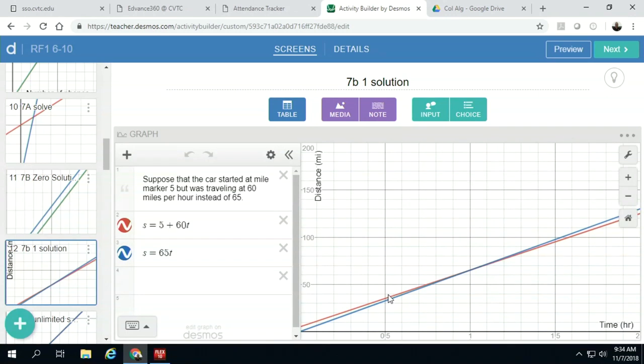Now, the nice thing is, if you're doing it in Desmos, if you click on it, it will automatically give you the coordinates of the solution. If you're doing it on your graphing calculator, it sometimes gives you kind of a hinky result.